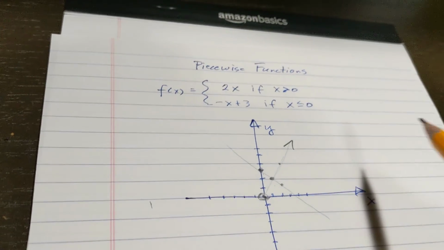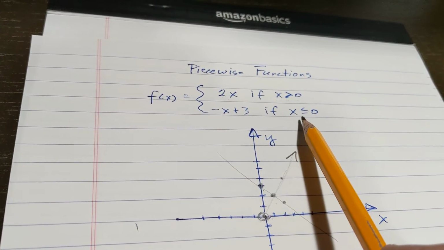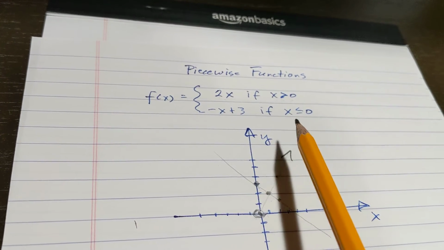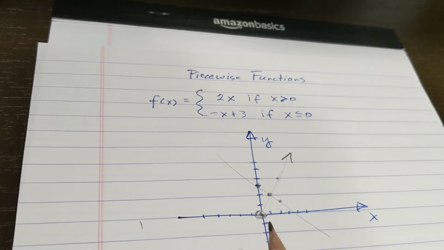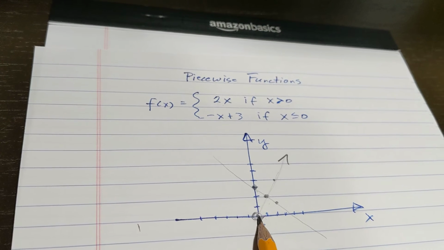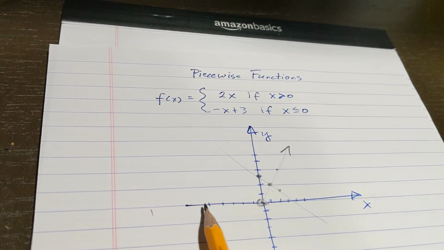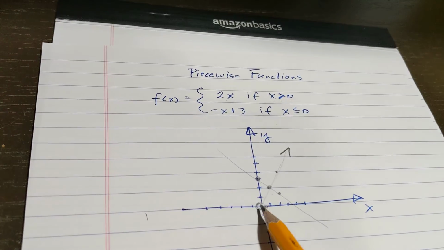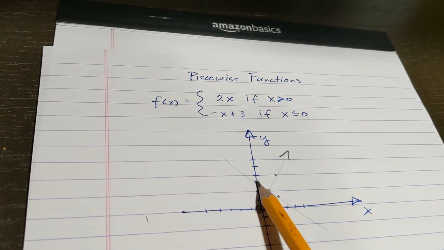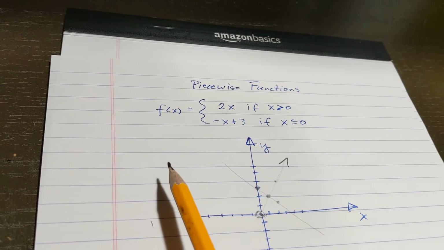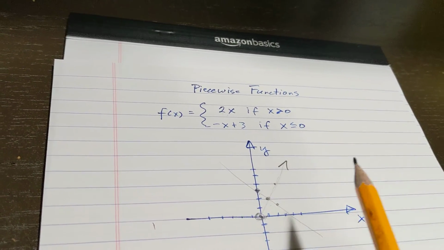And now I'm going to follow the directions in my domain. Well, it says only draw this graph where x is less than or equal to 0. So here's 0, and less than or equal to 0 is over here. So when I go up to where 0 is, it's here. I only want to include that part of it because this is the side of the line where x is less than or equal to 0.